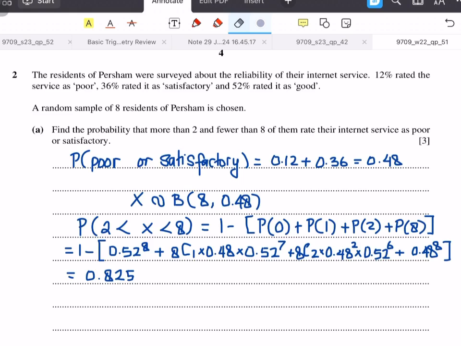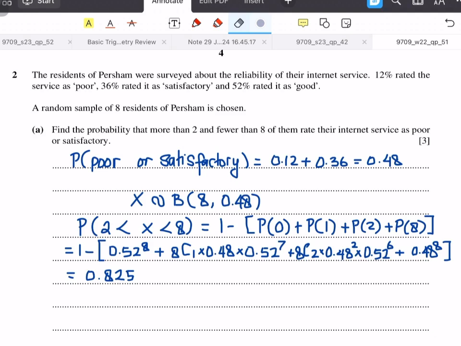Question 2. The residents of Persham were surveyed about the reliability of their internet service. 12% rated the service as poor, 36% rated it as satisfactory, and 52% rated it as good. A random sample of 8 residents of Persham is chosen.